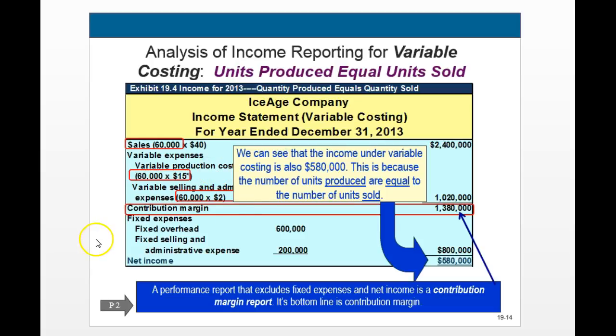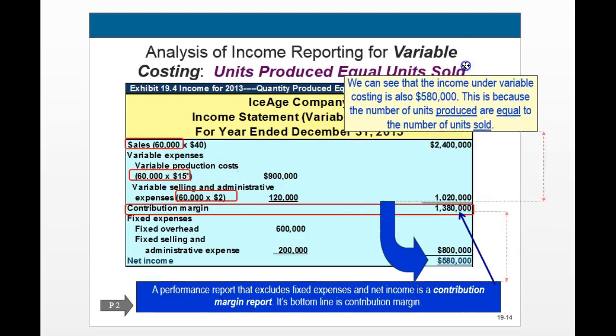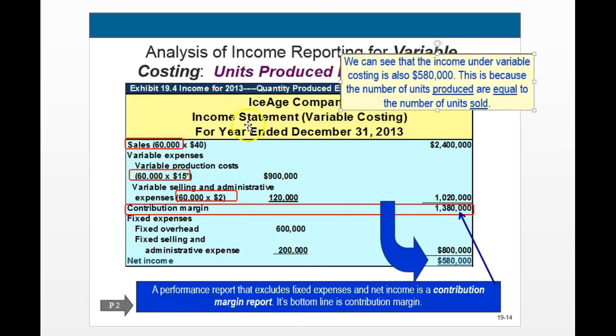Sales is $2.4 million. We're going to take the variable cost right here. Let's move that. That's in the way right now. I'll bring it down in a minute. We will have variable cost of 60,000 at $15, which is $900,000.